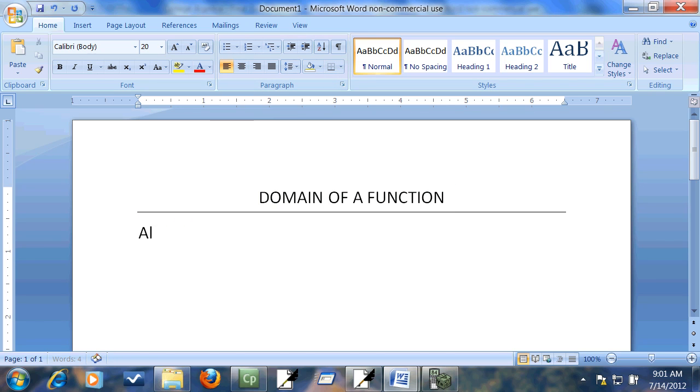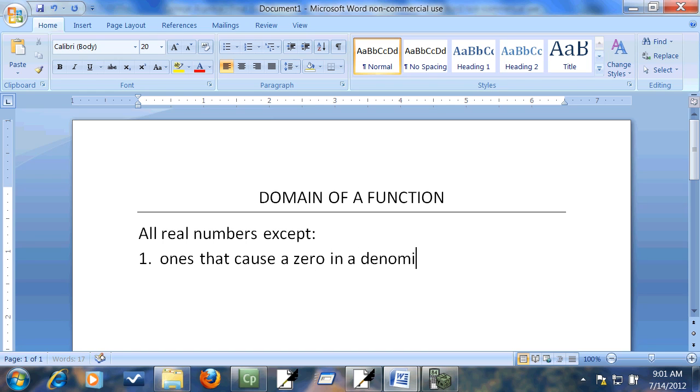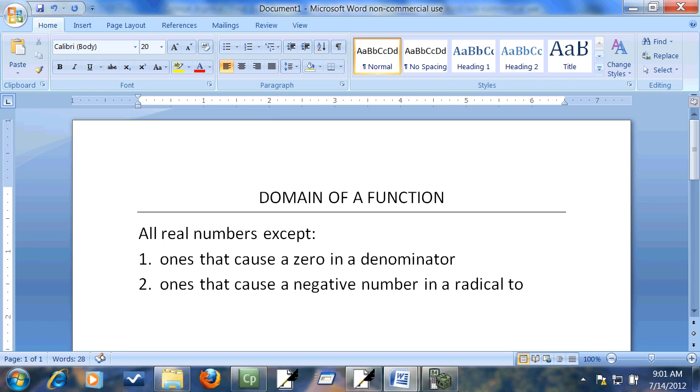Your domain by default is all real numbers except, and this is specific for college algebra, ones that cause a zero in a denominator, ones that cause a negative number in a radical with an even index.